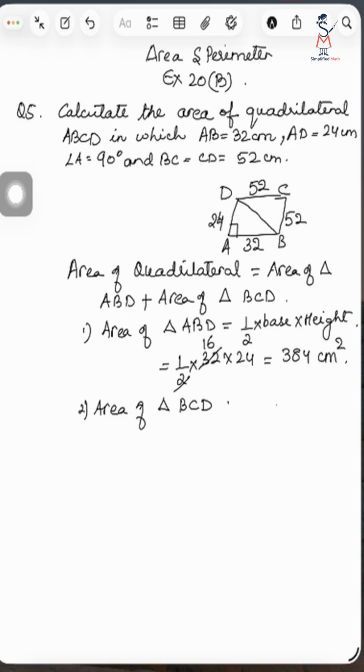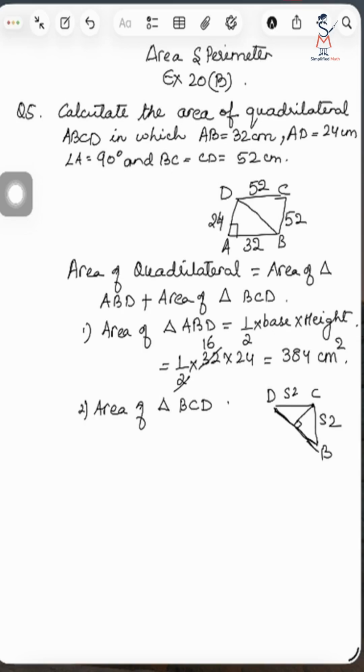I'll draw the triangle BCD here for your convenience. This is 52, this is 52. As the two sides are equal, this becomes an isosceles triangle. What is the rule for an isosceles triangle? The altitude from the vertex to the base divides the base into two equal portions.